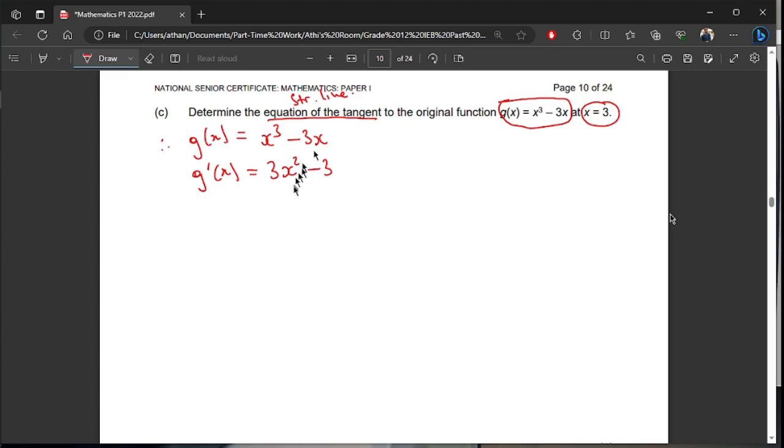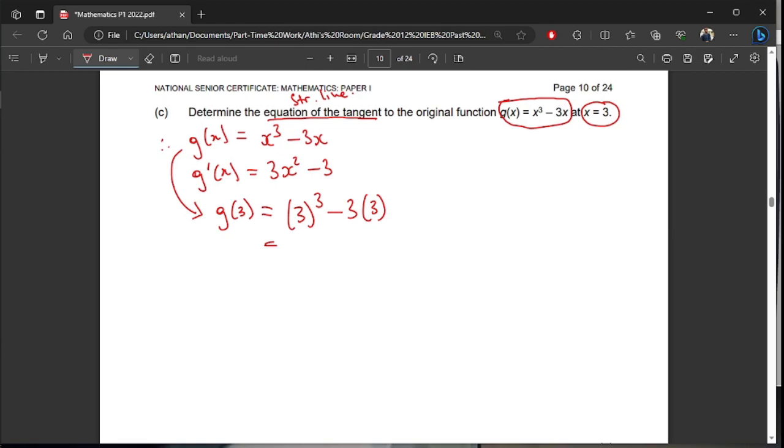Where x is equal to 3, we need the y value. That means where x is equal to 3, what is the y value? The y value is going to be 3 to the power of 3 minus 3, substituting x with 3.